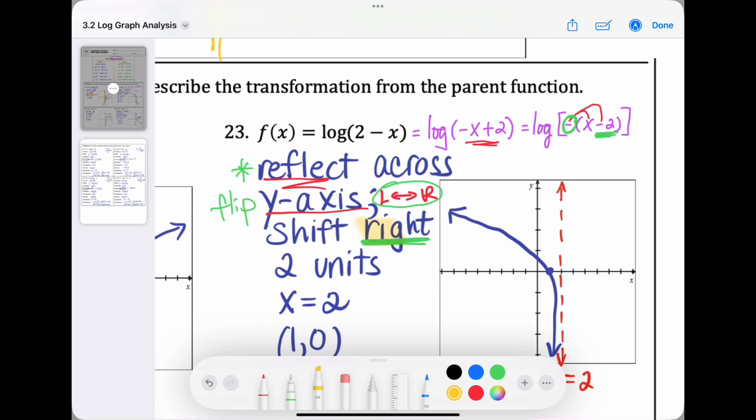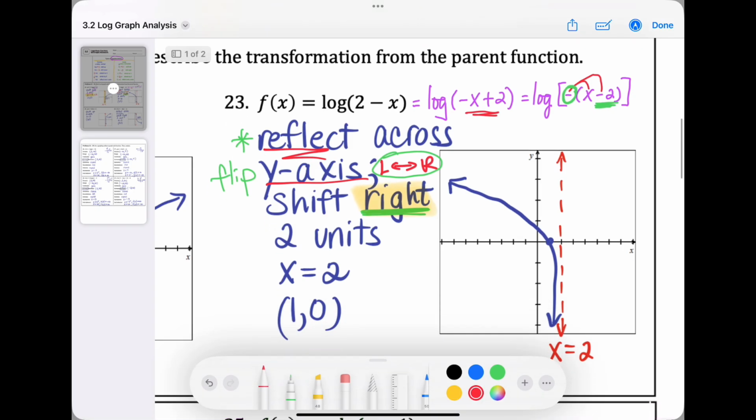And that's why you should not say, Miss, oh, the answer key is wrong. The answer key is right, okay? Now, as we mentioned about the vertical asymptote, this will become the trouble again. It tells me x equals 2 is my vertical asymptote.